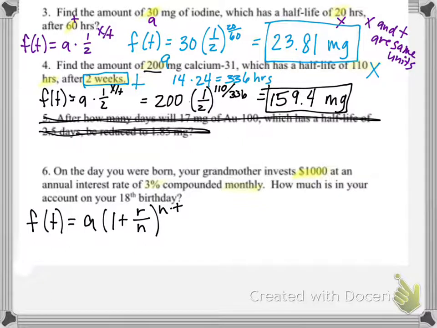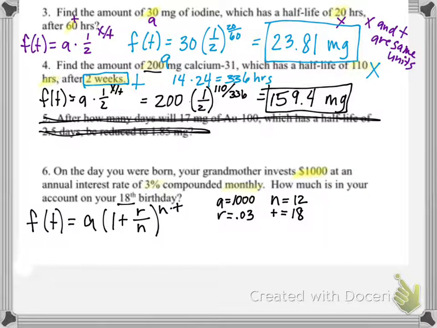So we start out at $1,000. My interest rate is 3%, so 0.03. My compound is monthly, so there are 12 months in a year. And then on my 18th birthday, so 18 years have gone by.